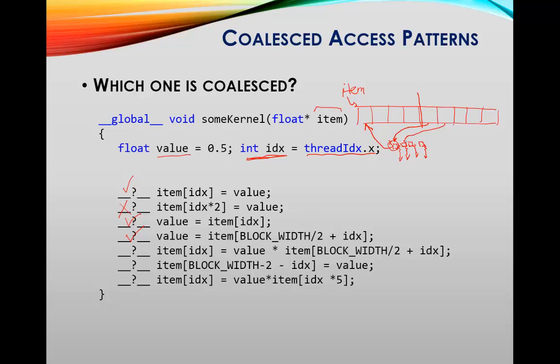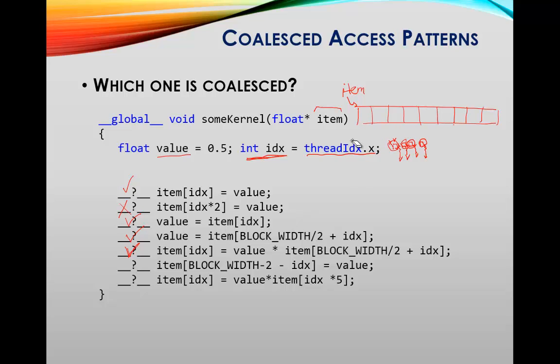I'm going to bring this data from the next door neighbor, multiply it by my local variable, store it somewhere. Next, bring it in, multiply it, store it. Bring it in, multiply it, store it. So my read memory accesses are coalesced and my write memory accesses are coalesced. So this is also a good example of a coalesced memory access.